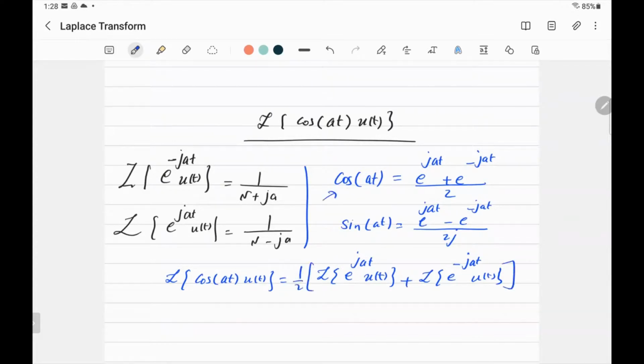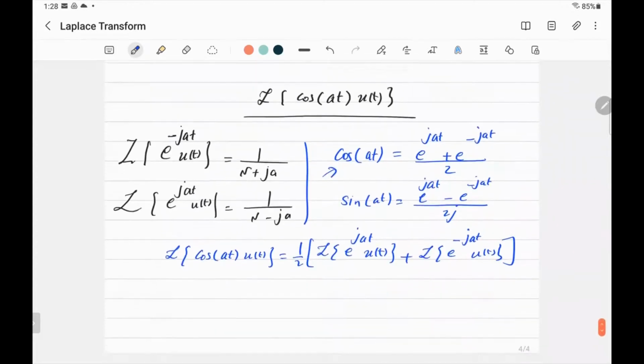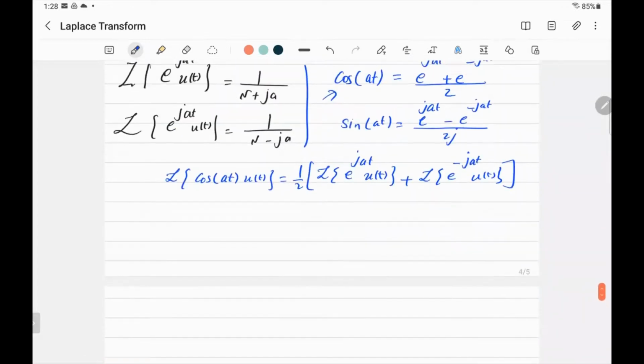I'm just using this formula. What's the Laplace of e to the power jat? It's 1 over s minus ja. And for this one it will be the opposite, s plus ja.